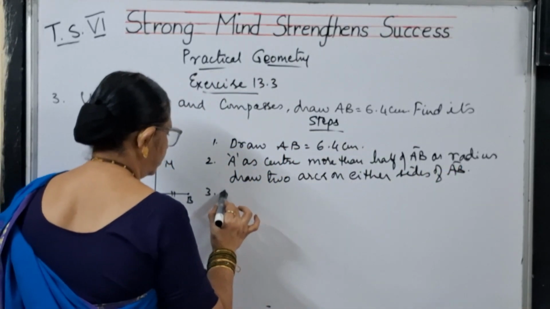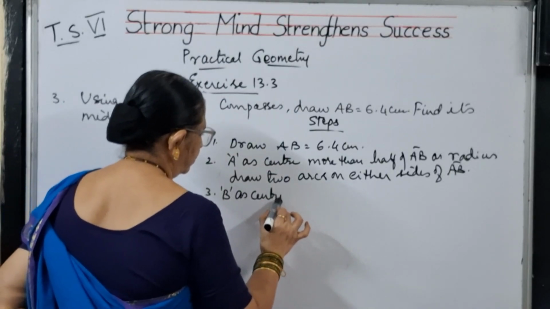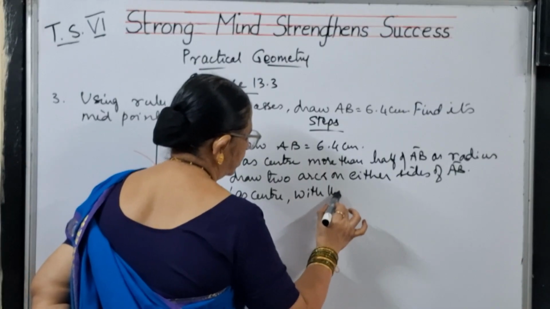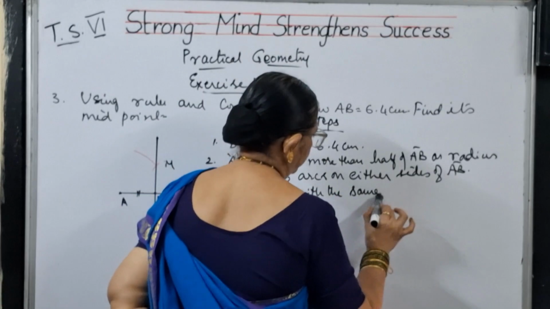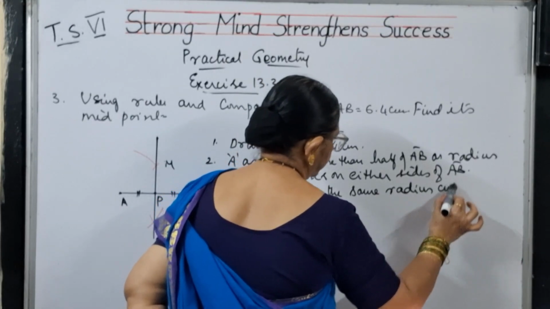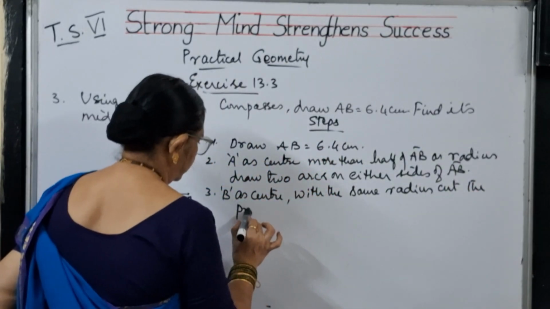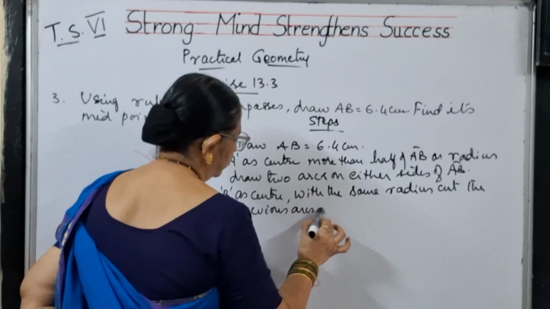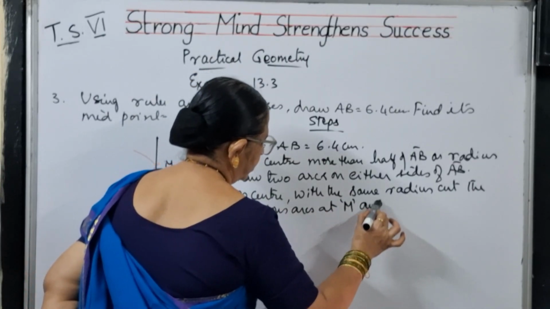Next, B as center with the same radius, cut the previous arcs at M and N.